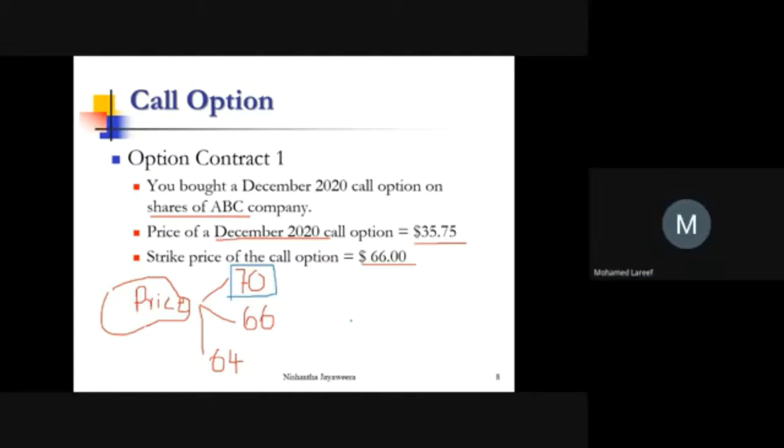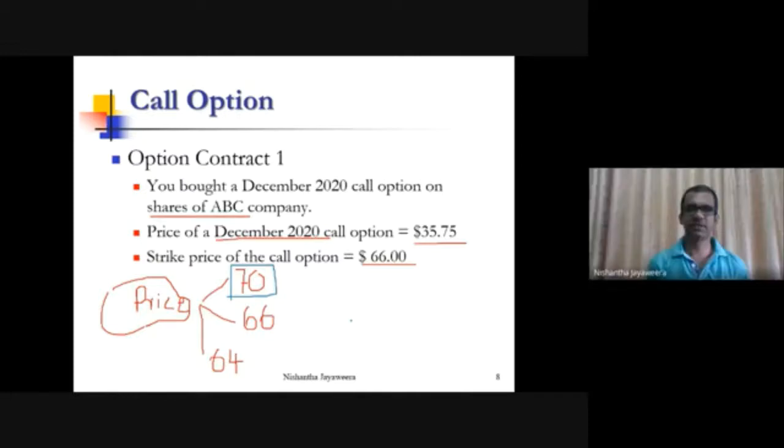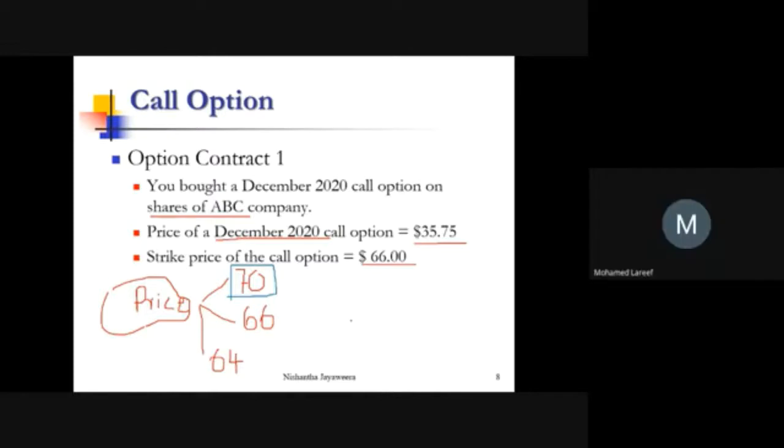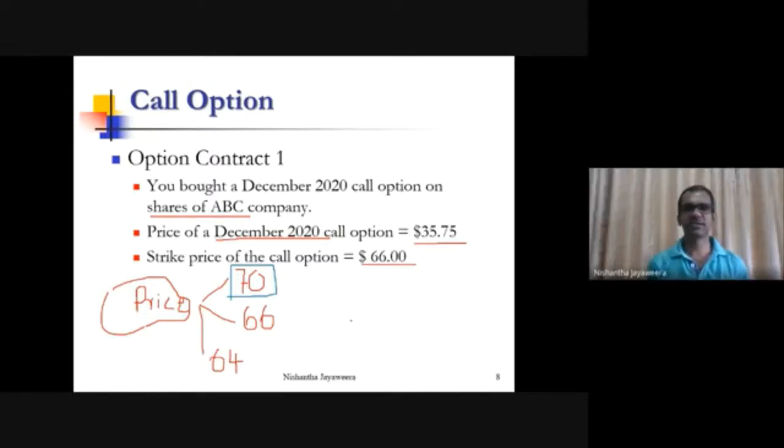So you can exercise. What does it mean? Exercise your right. What does it mean? You can purchase shares at what price? 66.